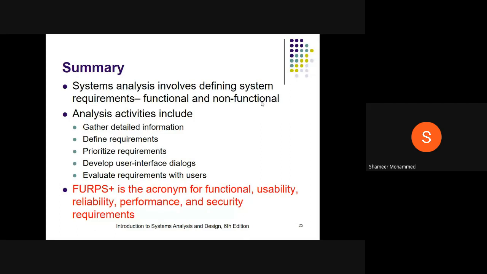After that, what are the steps to do the analysis? These are the steps we discussed. Functional requirements, usability, reliability, performance, or scalability. These are all acronyms, short form, abbreviation: FURPS, for functional, usability, reliability, performance, security, etc.